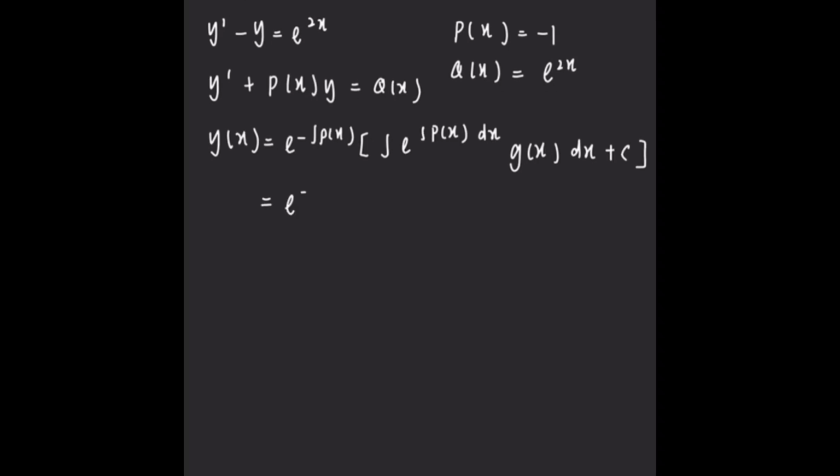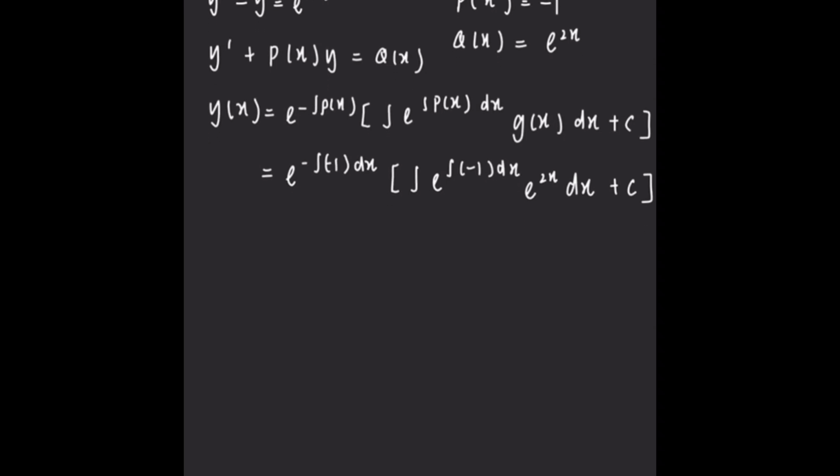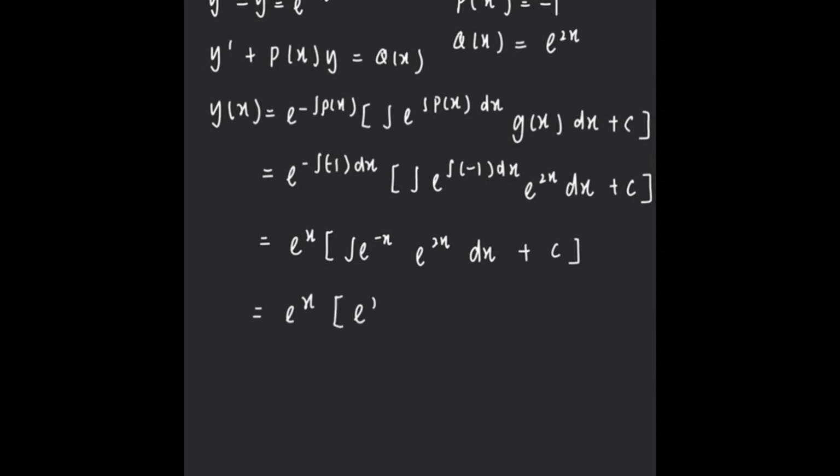So y(x) will become e to the negative integral of -1 dx, bracket, integral of e to the x multiplied by e to the x dx plus c. After simplifying, it will become e to the x, bracket, integral of e to the minus x times e to the x dx plus c. After integrating, it will become e to the x, bracket, e to the x plus c. The final answer will become c e to the x plus e to the x.